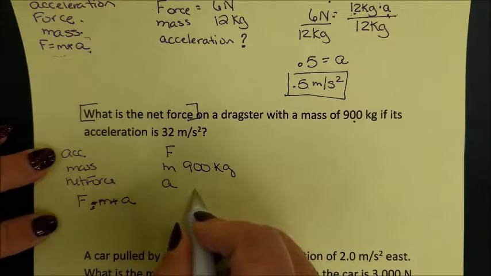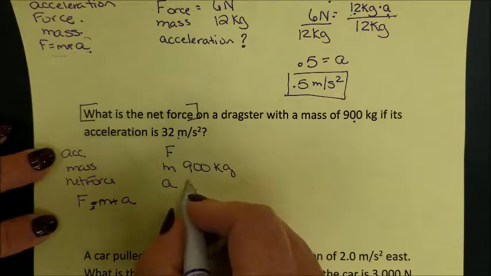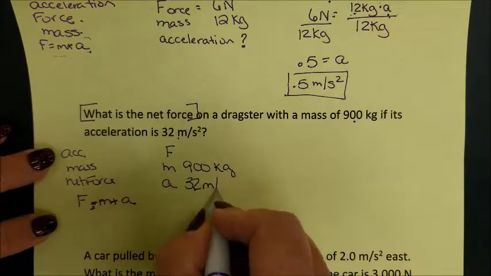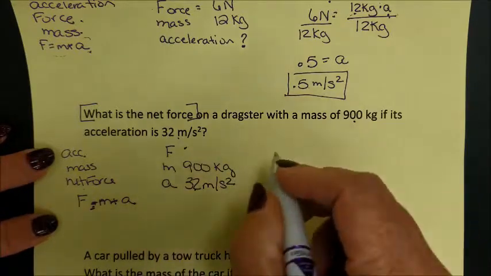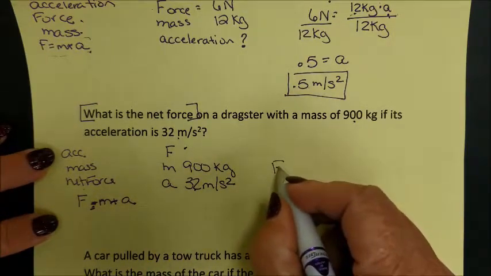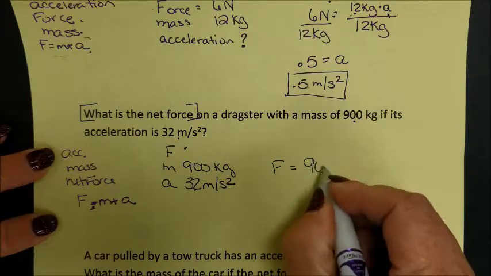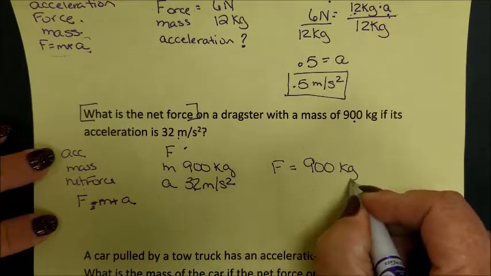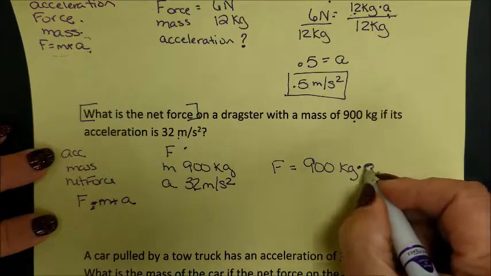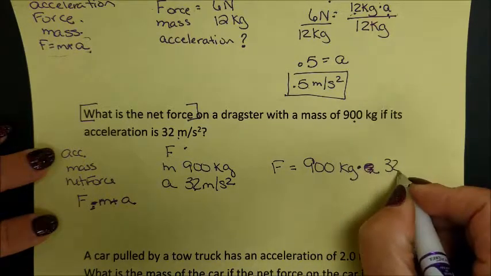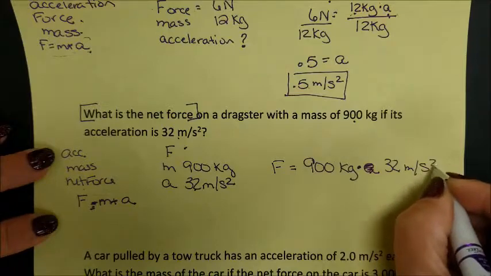Our acceleration is 32 meters per second squared. So now we need to calculate our force. So we're going to plug in force equals 900 kilograms times our acceleration, which is 32 meters per second squared.